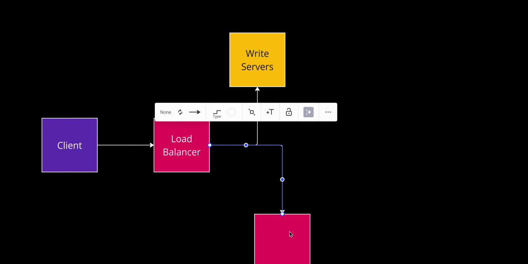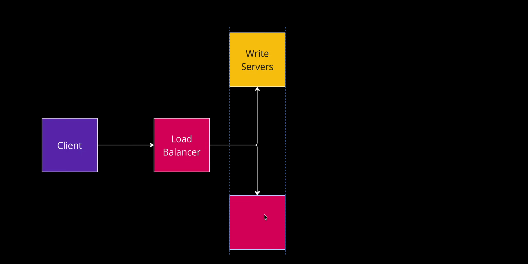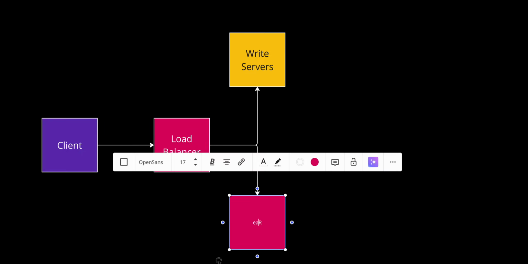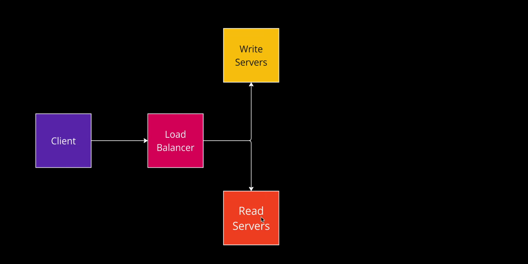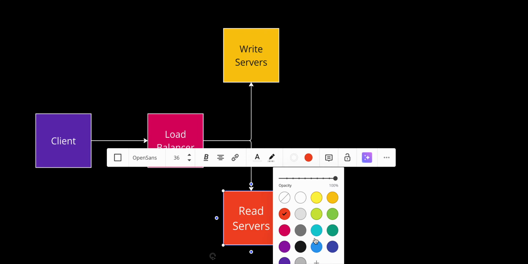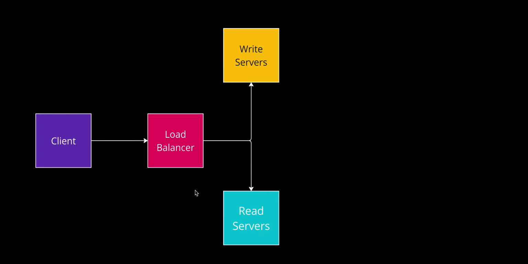And we will talk about why exactly we're doing this. Okay, so we have write servers, we have read servers. Let's make this bluish, I guess. It will be better.